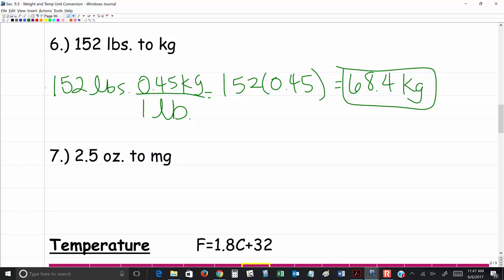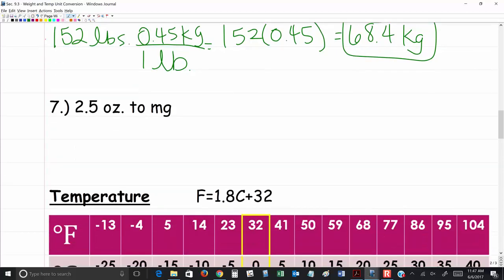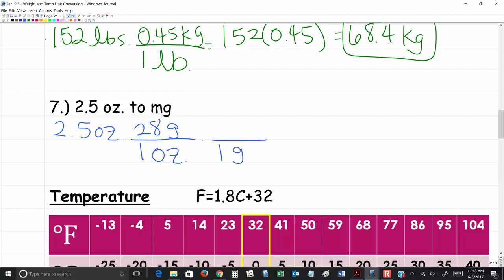All right. And number 7, ounces to milligrams. That'll require one additional step to convert, because we'll convert ounces to grams and then grams to milligrams. So 2.5 ounces, 1 ounce equals 28 grams, and 1 gram equals 1,000 milligrams.